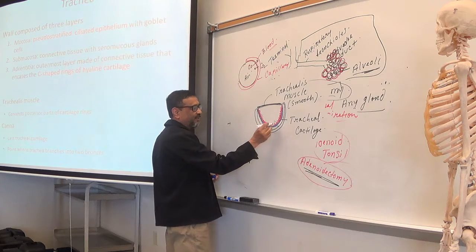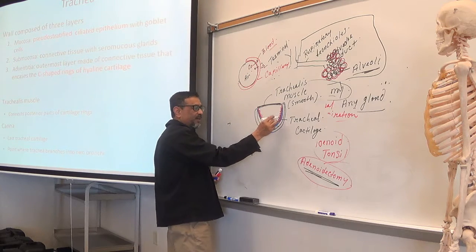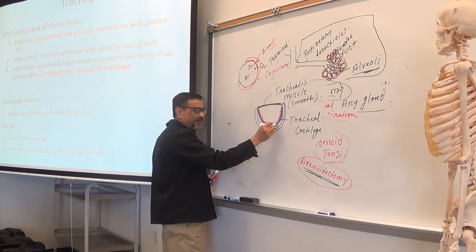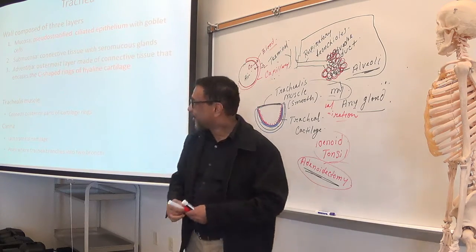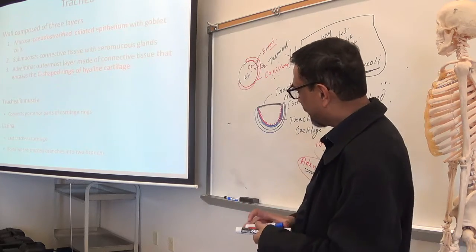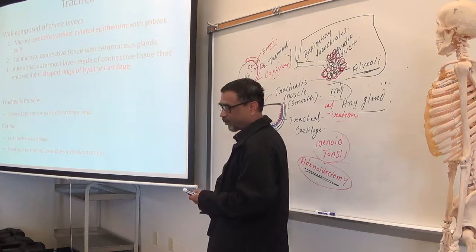So 3 layers. Pseudostratified ciliated columnar layer, that is called mucosa. Then under that submucosa, and outermost is adventitia. So see here those 3 layers. And these cartilages are in the adventitia, the outermost layer.